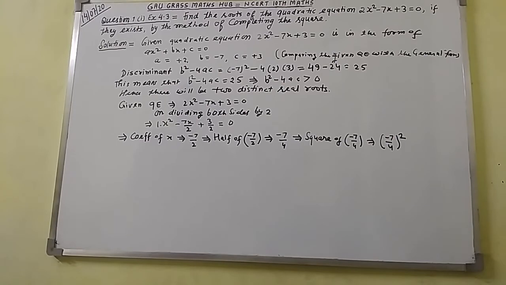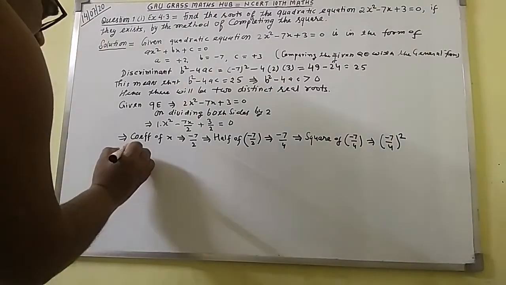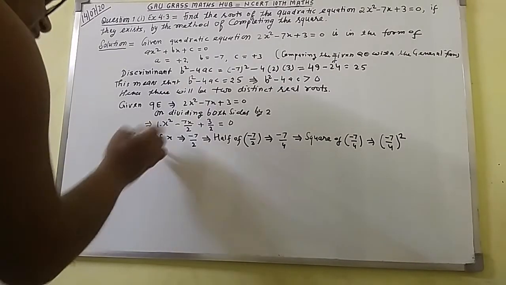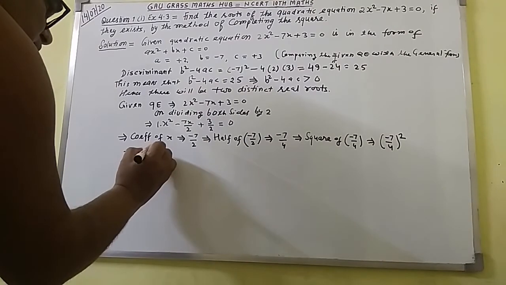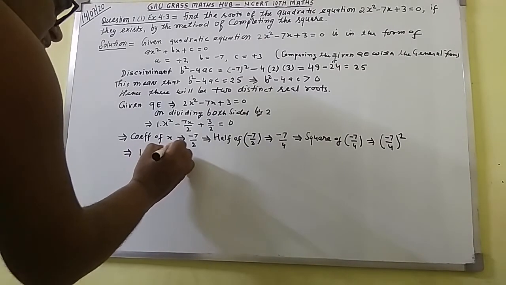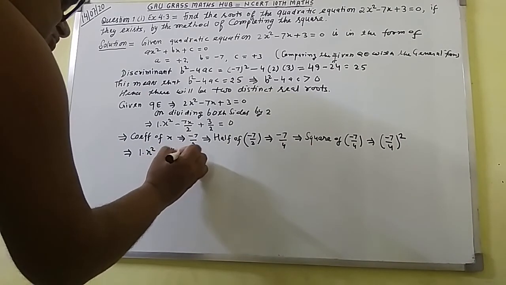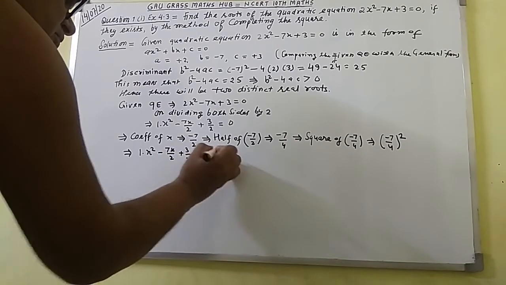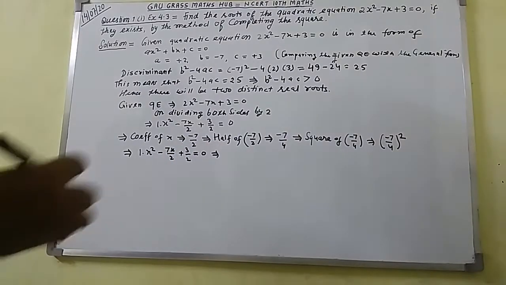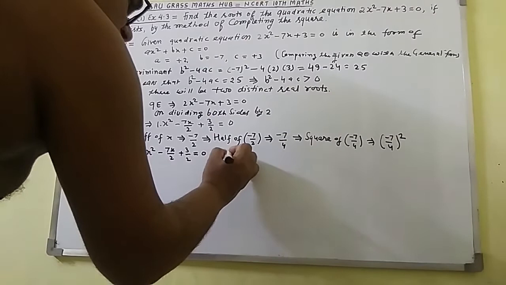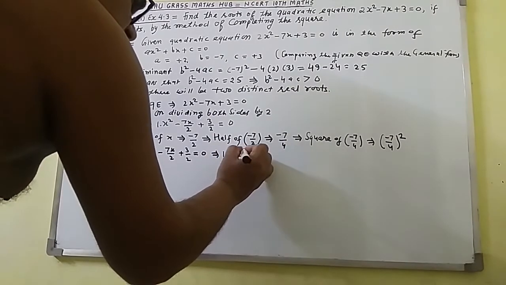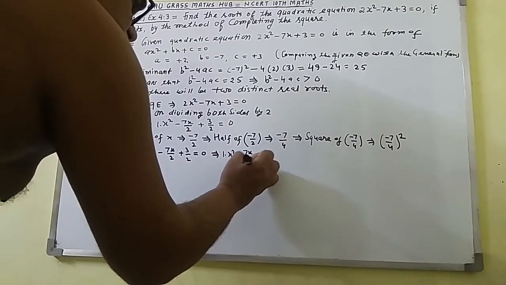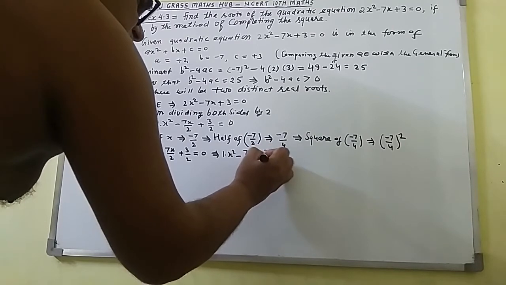Now what we'll do, here you will write the given quadratic equation. 1x square minus 7x by 2 plus 3 by 2 I have written equal to 0. Implied that here what to do, 1x square minus 7x by 2 plus 3 by 2.